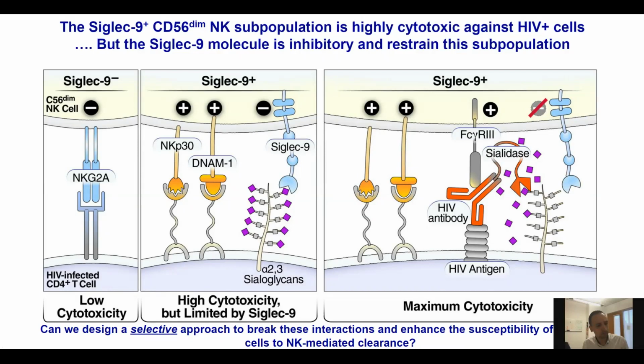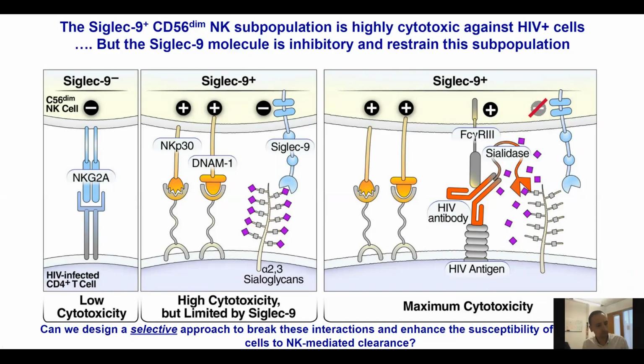However, if we were to use sialidase alone, it would just cut sialic acid from the surface of both HIV-infected and HIV-uninfected cells. So we borrowed a great idea from the cancer field, done by Carolyn Bertozzi and others, to conjugate sialidase to an antibody.